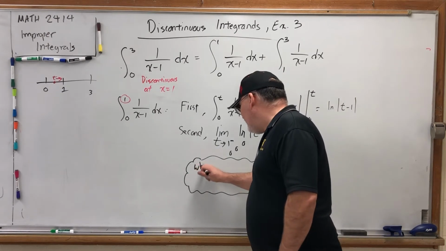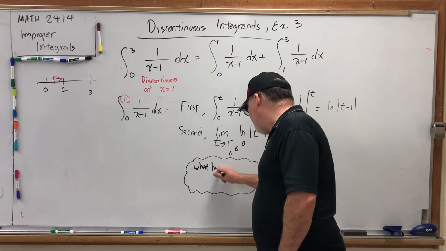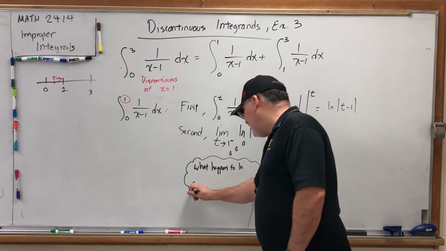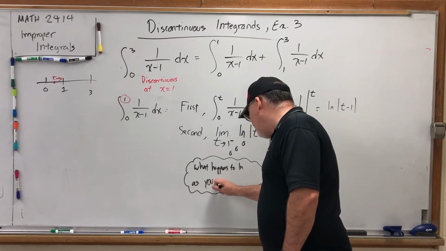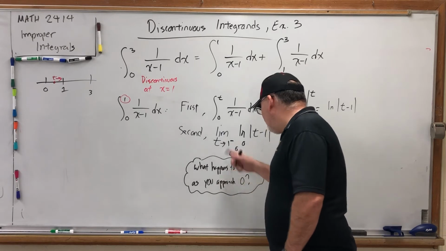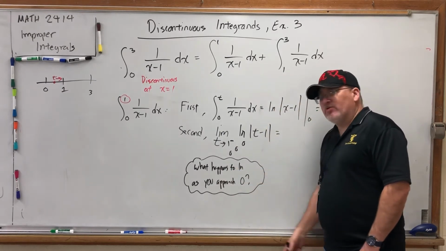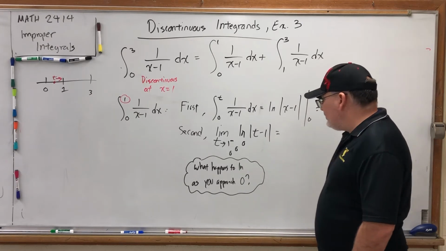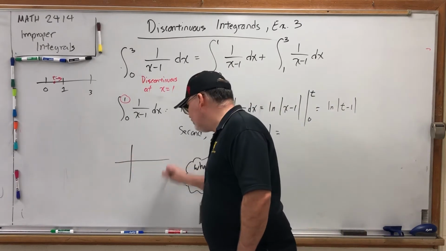So the question we need to answer here is what happens to the natural log as you approach 0. I know we're approaching 1, but 1 minus 1 is 0. So as this approaches 1, the log's argument approaches 0. Well, this is where knowing the graphs of your functions comes really in handy.